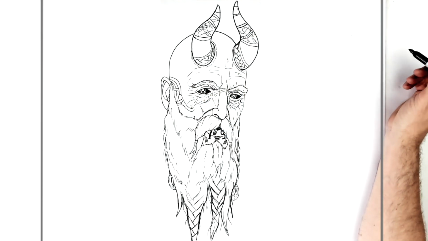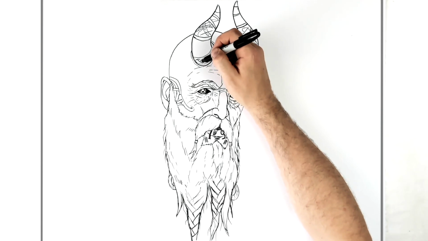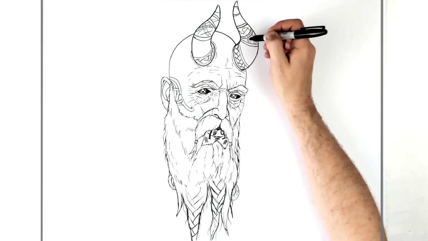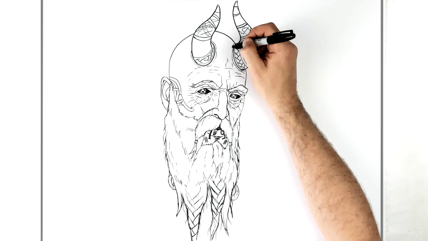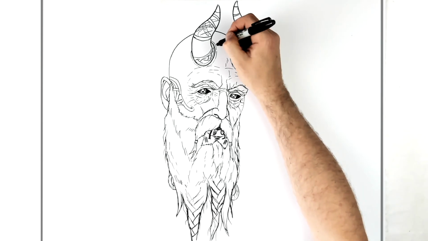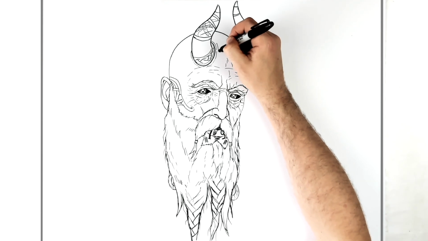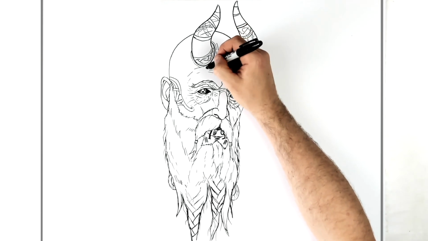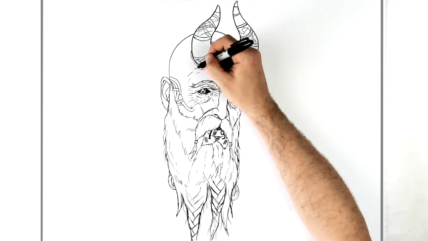Like so, and then there is some more tattoo lines and stuff coming around these horns as well. So you can do these as complicated as you want, really.